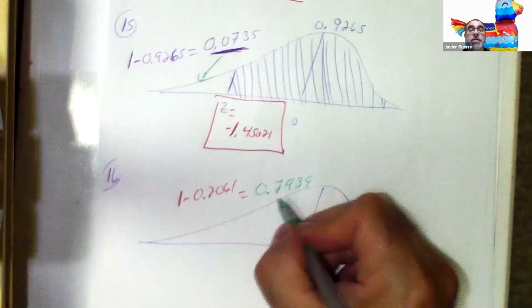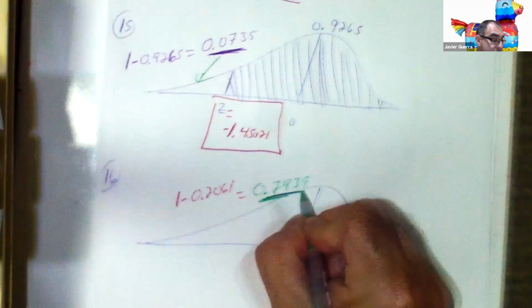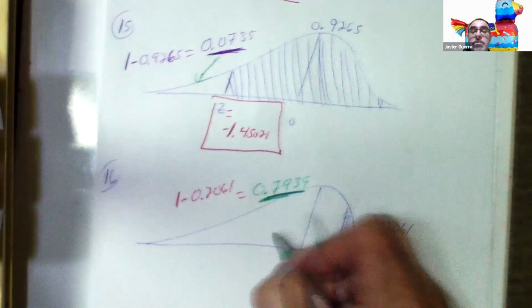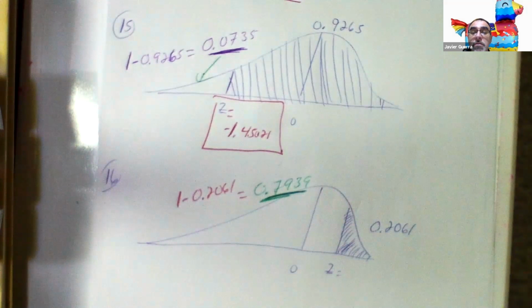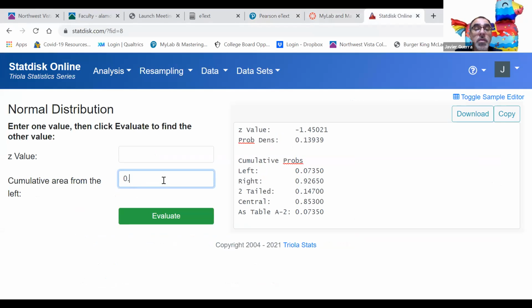I need the white side. The white side. Sorry. 0.7939.